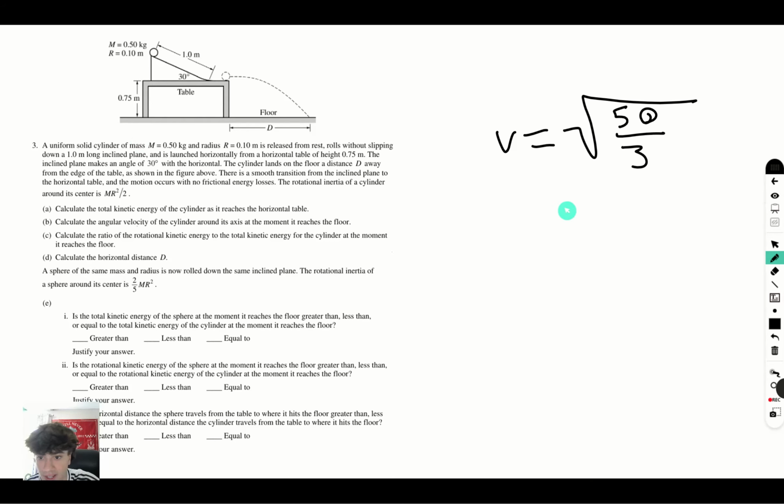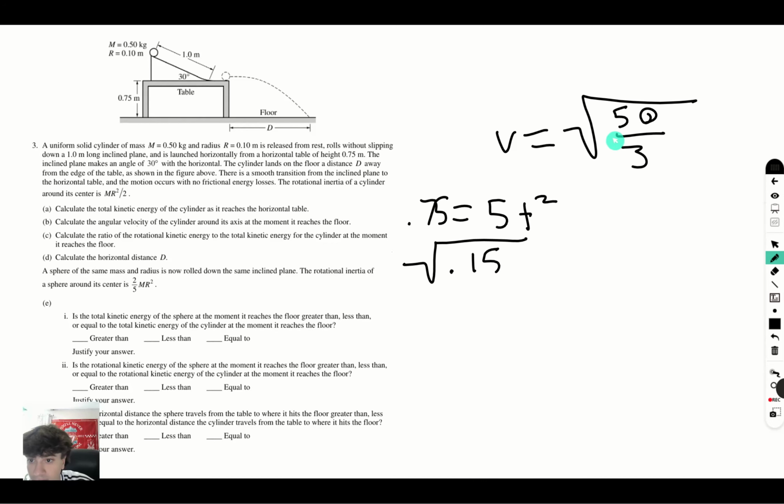So we know that that's just going to be 5t squared is equal to 0.75. This will give us 0.75 divided by 5 will give you 0.15. So square root of this is the time that it will take.